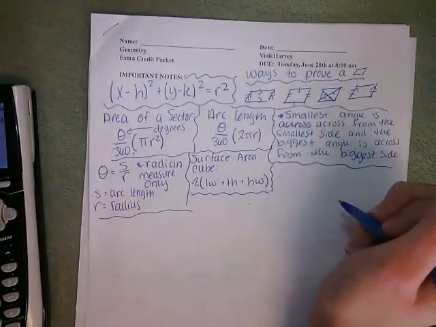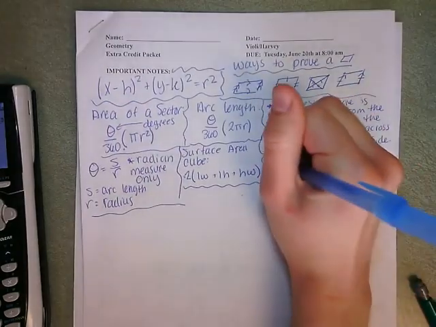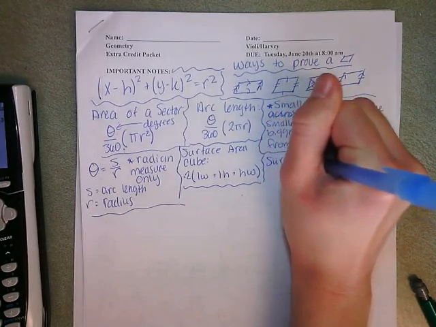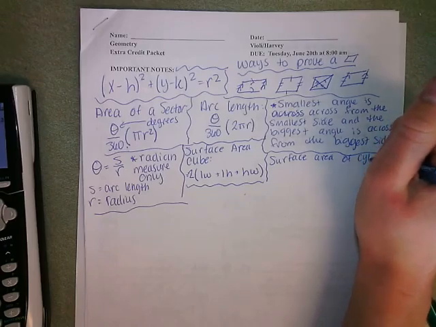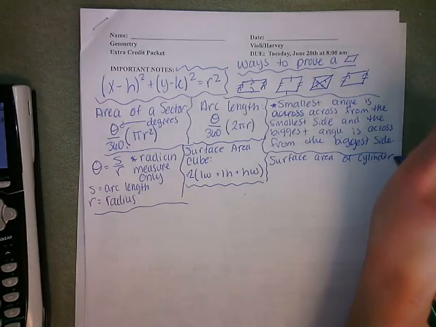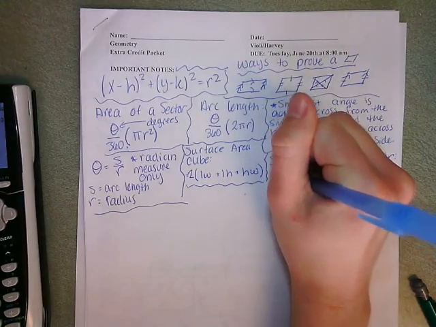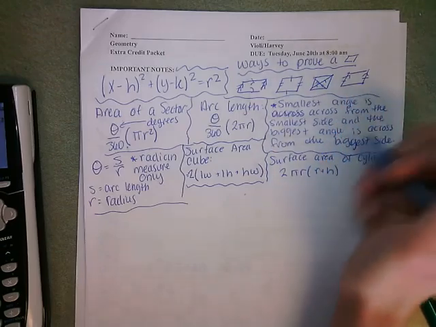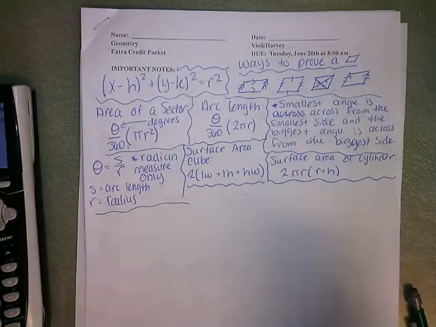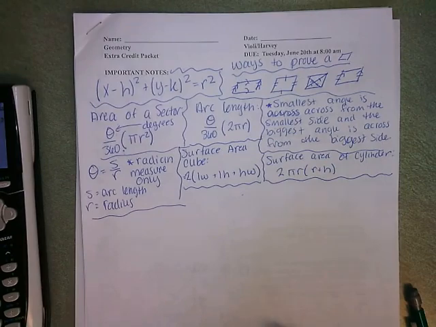Okay, so that's the surface area of the cube. Surface area of a cylinder is 2 pi r times r plus h.